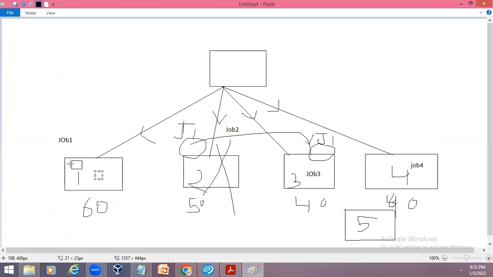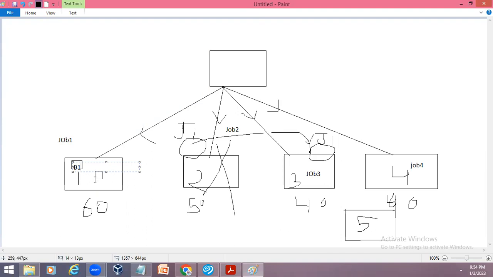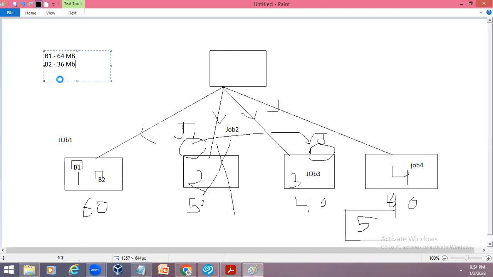So let's say this is my block 1, I'm writing this as B1, and this is my block 2. B1 is handling 64 MB of size, and B2 handling 36 MB.